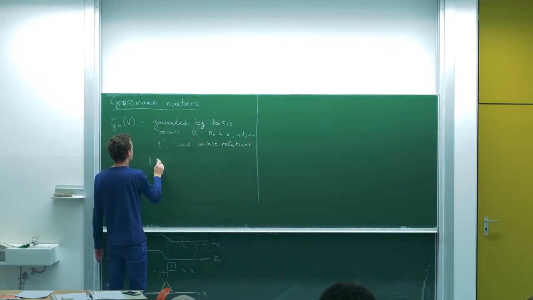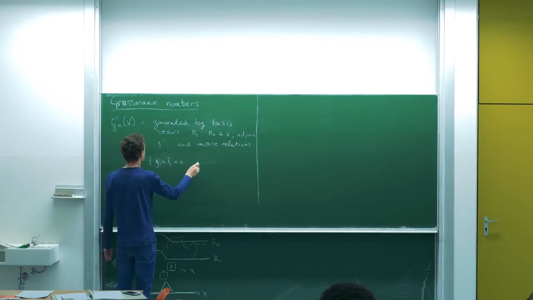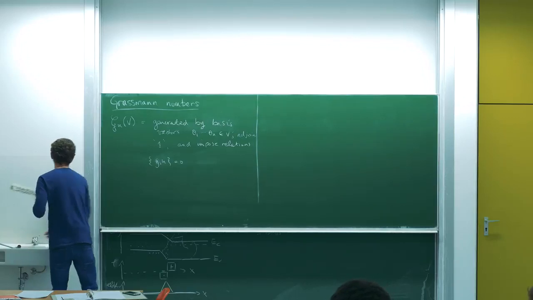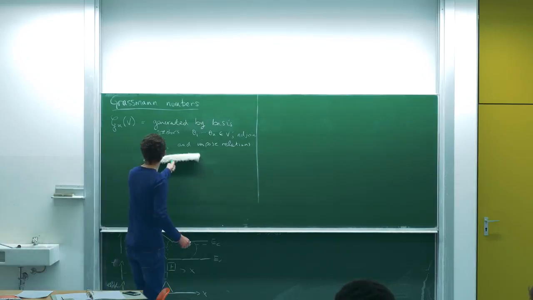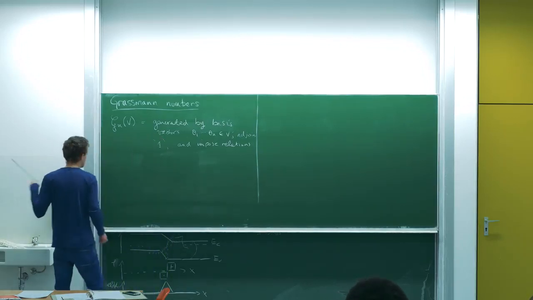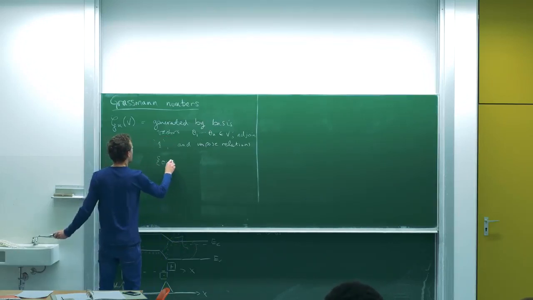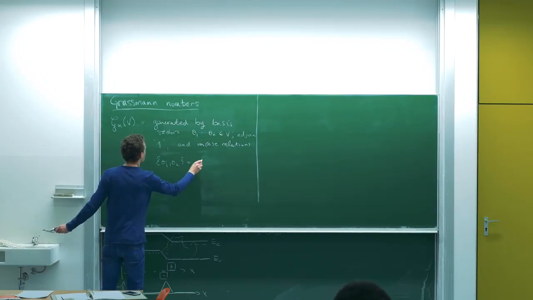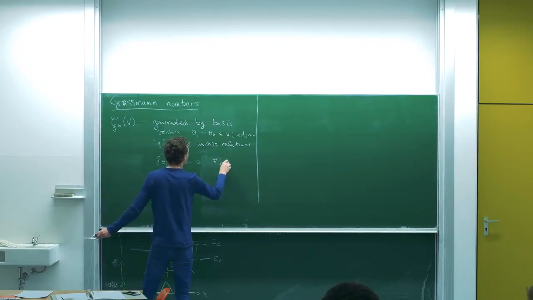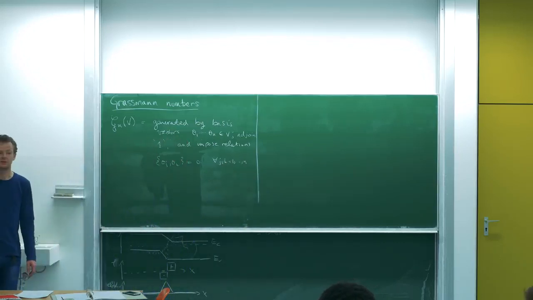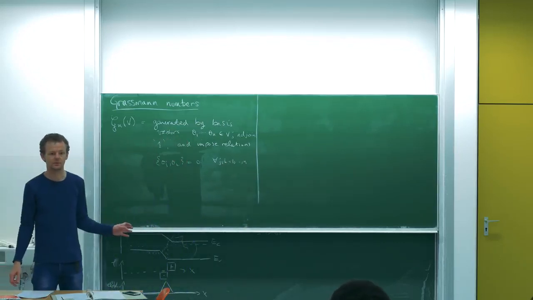Namely, that these generators anti-commute with each other for all j and k.